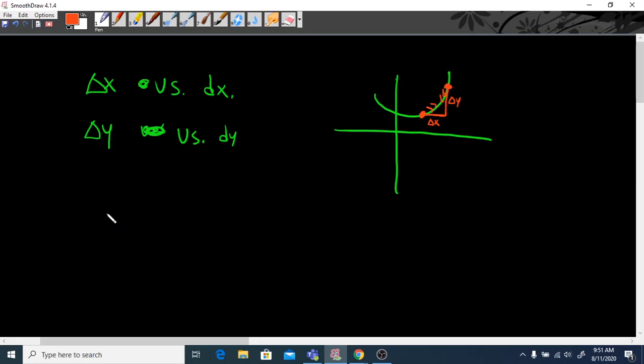In other words, I'm going to write it down. If point 1 and point 2, just so you know what I'm talking about, here's point 1, here's point 2.